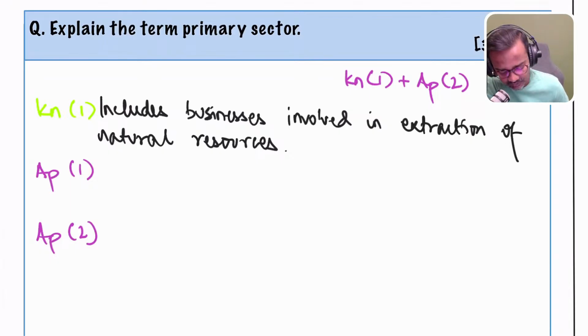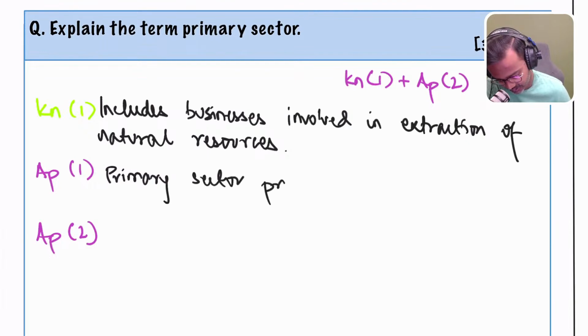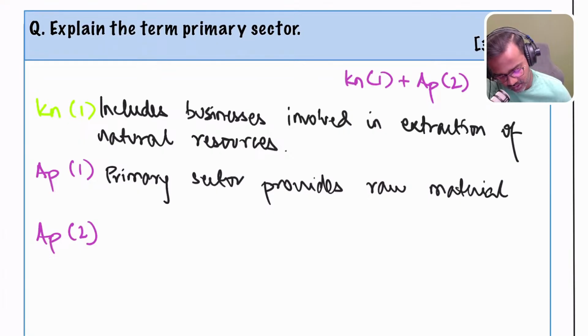So what I will simply write here is that primary sector provides raw material, right? And then notice how I'm using one sentence to show 2 levels of application. Okay.